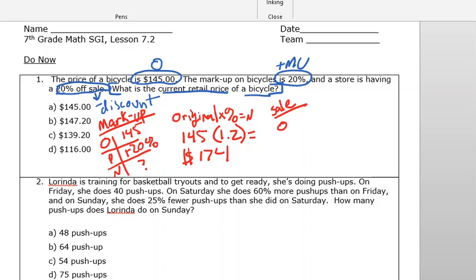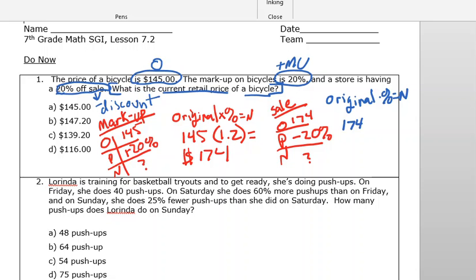All right, so I have a new OPN. I have to use my new original, 174 minus 20% is going to equal my new sale price. I should have done that in a different color, but I'll do this part in a different color. So I have original times percent equals new. In this case, I have 174.